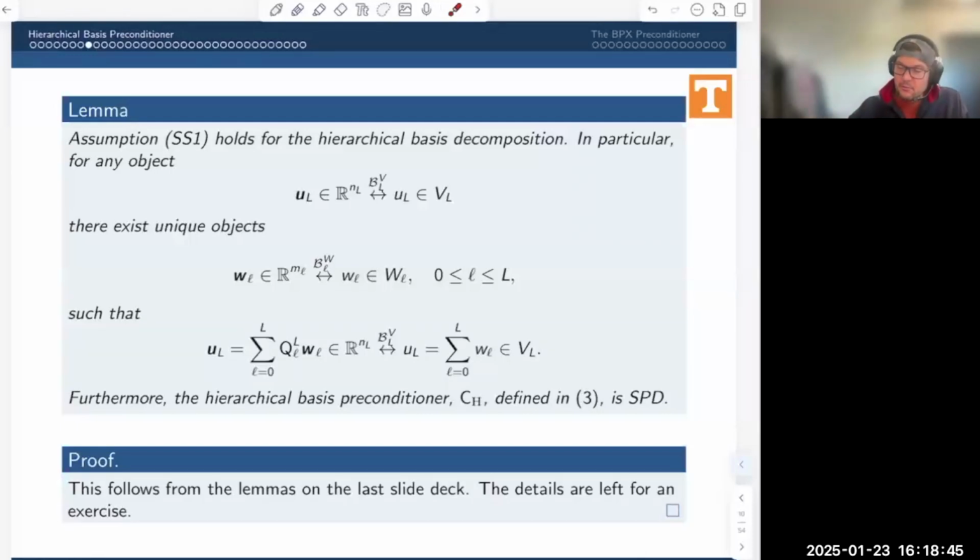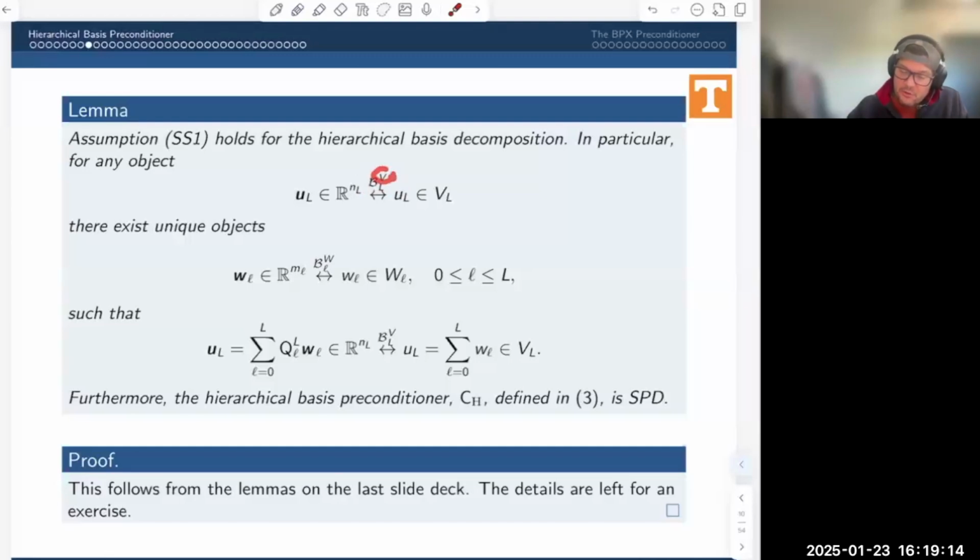In particular, what we mean by that is if I take any arbitrary object u_L in R^{n_L}, and remember these are thought of as the coordinates of the finite element function u_L in the finite element space V_L, this is the solution that we're looking for in the finest level space. These two objects are connected through my choice of bases. I'm using the canonical basis, the Lagrange nodal basis, for my space V.